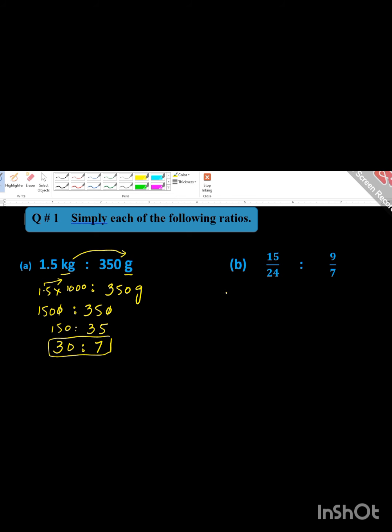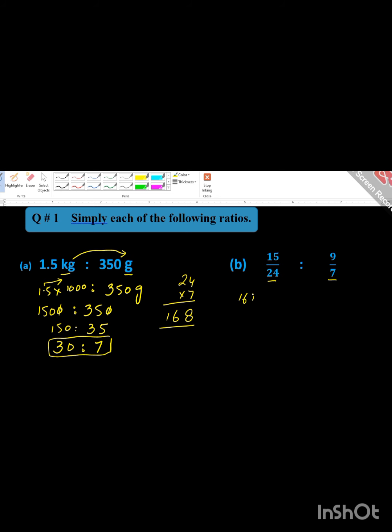So come to the next question, that is in fraction form. So what do we have to do now? First we have to find the LCM of 24 and 7. So what will be the LCM? We will multiply 24 by 7. 7 fours are 28, and 168 is your answer. Means we have to multiply 168 on both sides of the ratio.